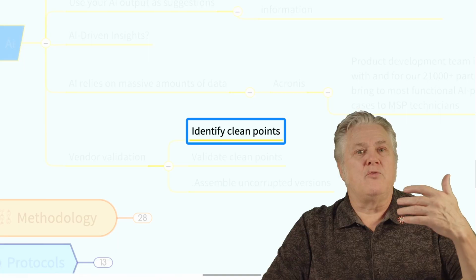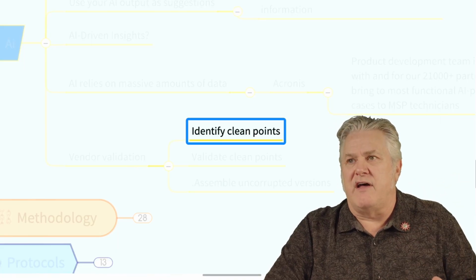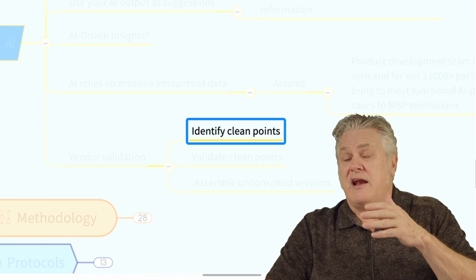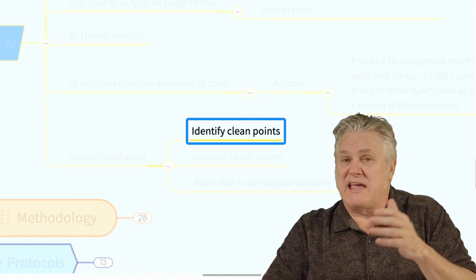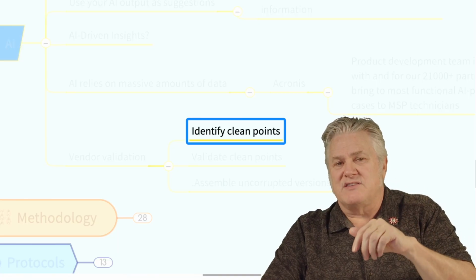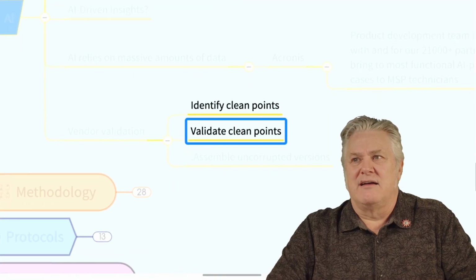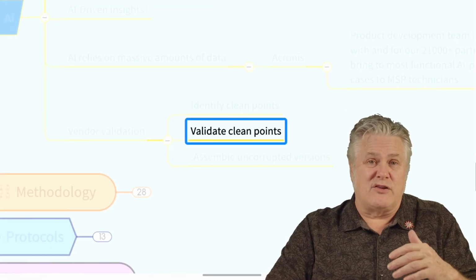Now, what would we expect them to do? What were the good things that I heard from all of the vendors? In our data backups, our copies that we're making, if our adversary injects themselves into our copies, we need to be able to identify clean points in that data. And we need to be able to validate those clean points.